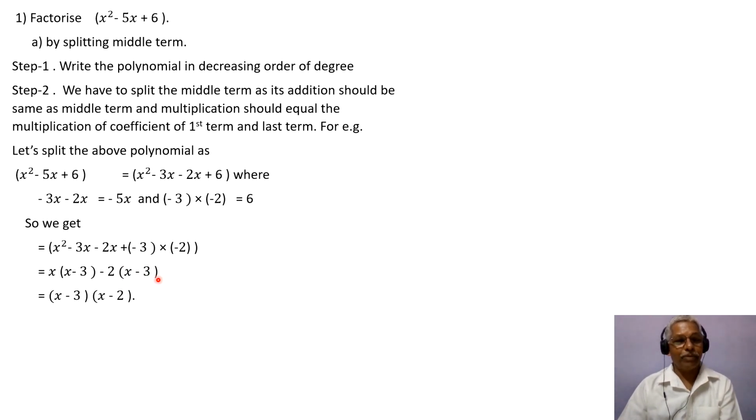Now I am taking x minus 3 common from the whole thing, and what you are left with is x here and minus 2 here. So x minus 3 and x minus 2 are the factors of this. Got it? Learn it again, or try some examples.